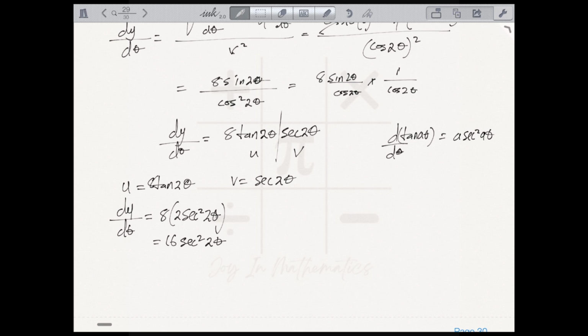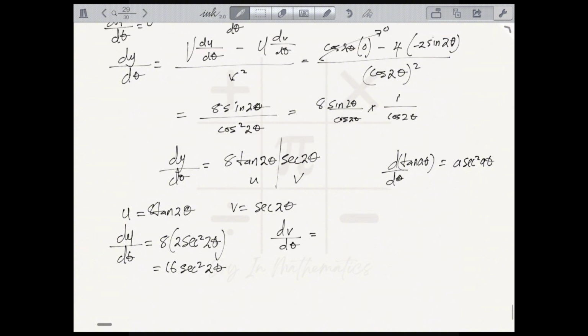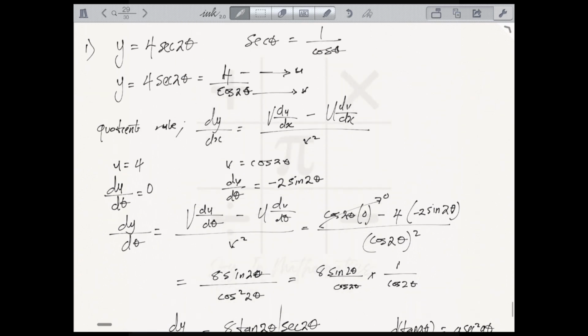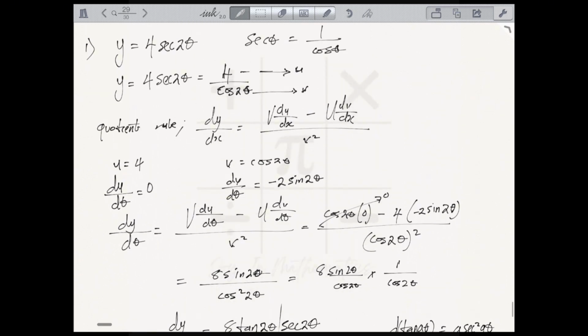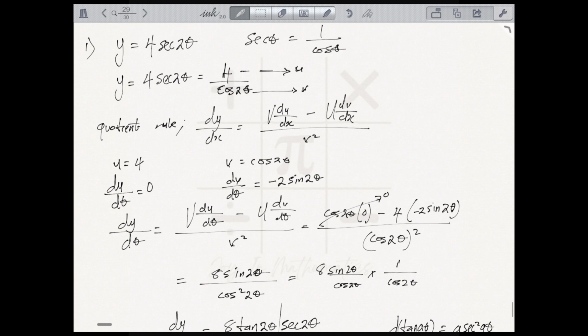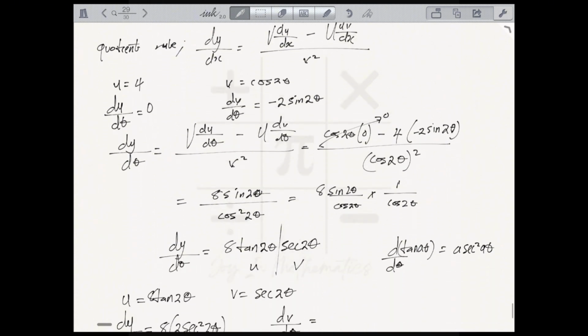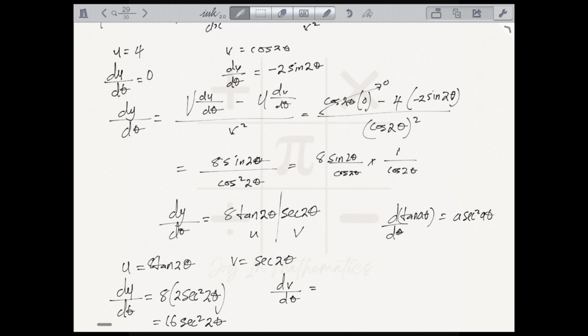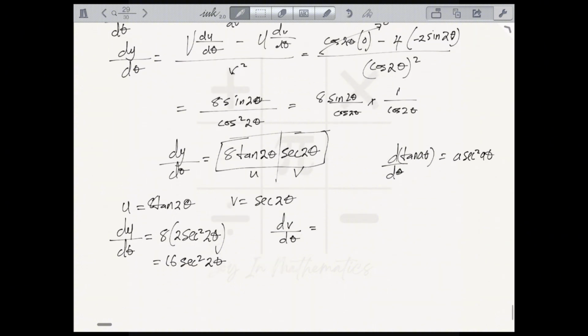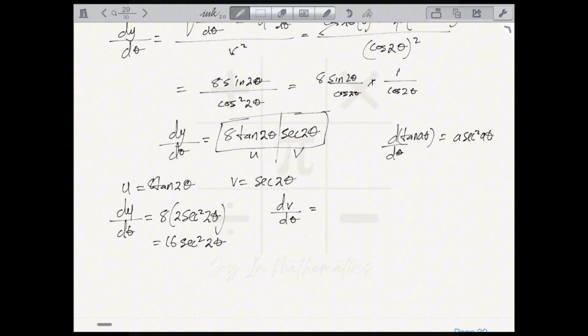And thereafter, let's evaluate the dv d theta. If you see from our first question, when we differentiated 4 sec 2 theta, we arrived at 8 tan 2 theta sec 2 theta. Therefore, the differential of sec 2 theta naturally will give us 2 tan 2 theta sec 2 theta.